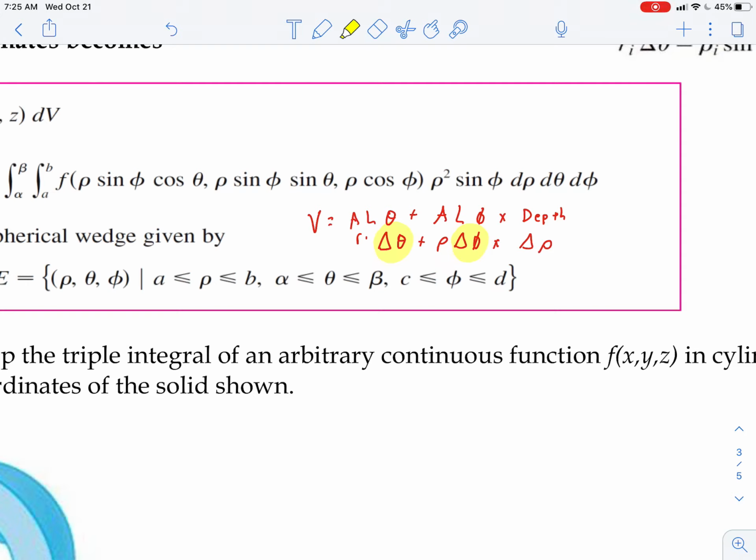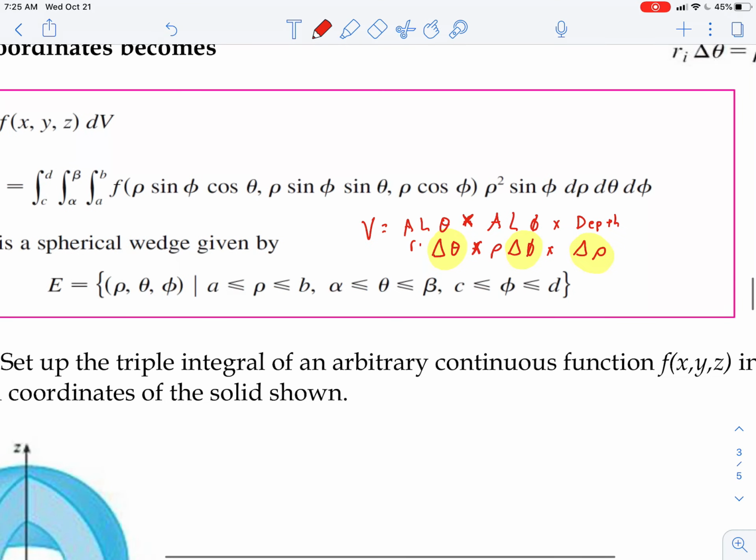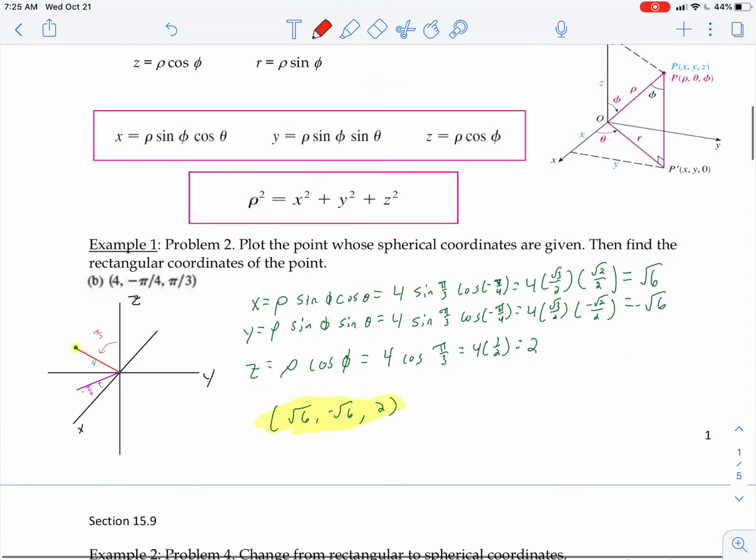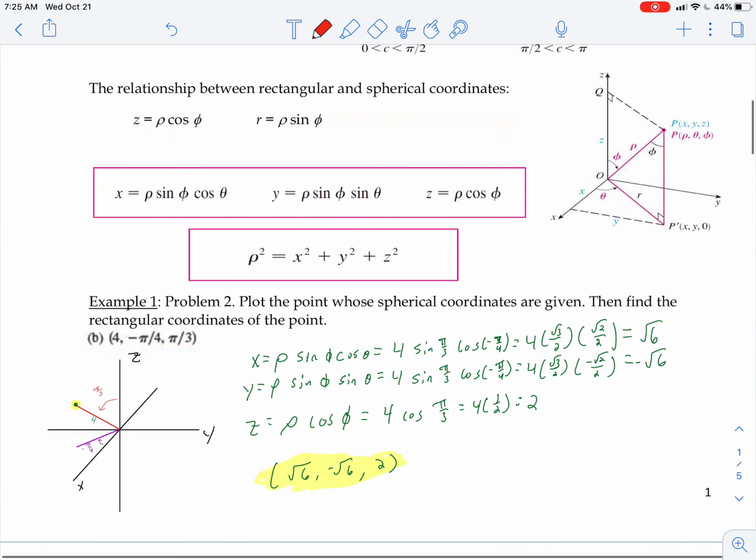And so when we are finding volume, what's going to happen is we have all of our deltas: delta phi, delta rho, delta theta. And that's not plus, this is times right here. So I want to make sure that we know that's times. And so what's going to be left over is rho and phi. Well, again, we have rho squared sine phi.